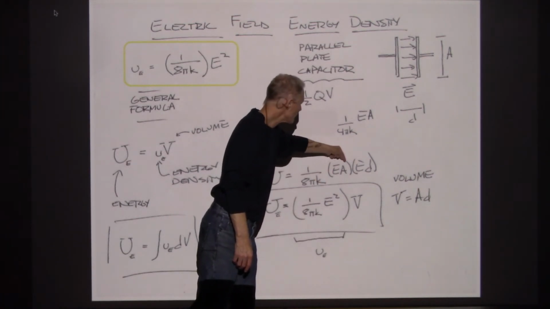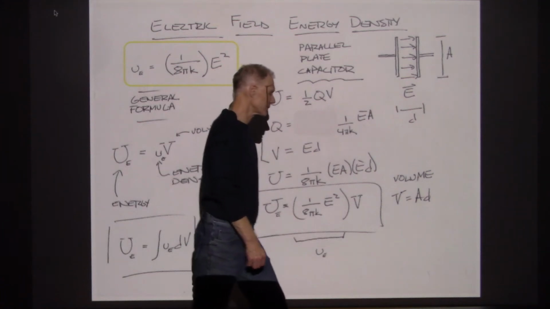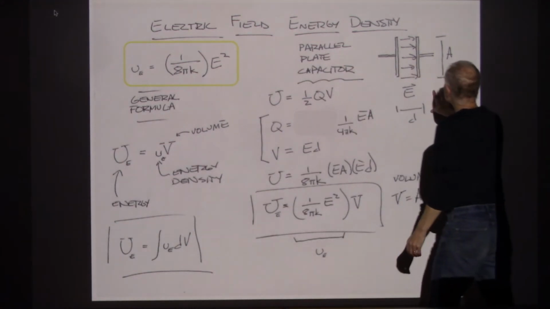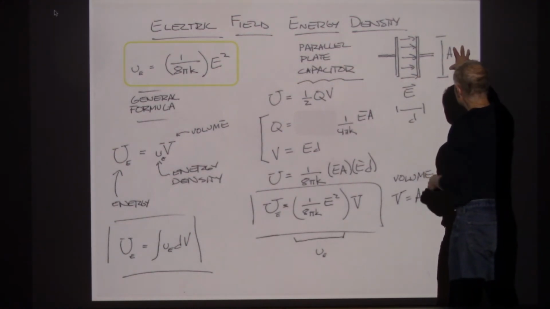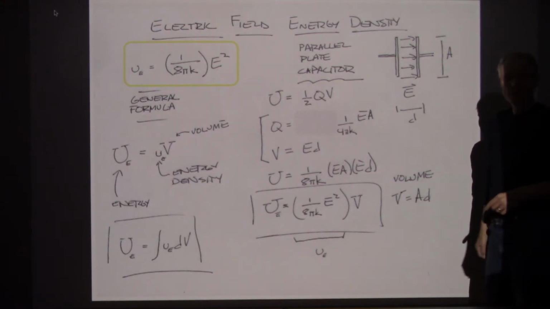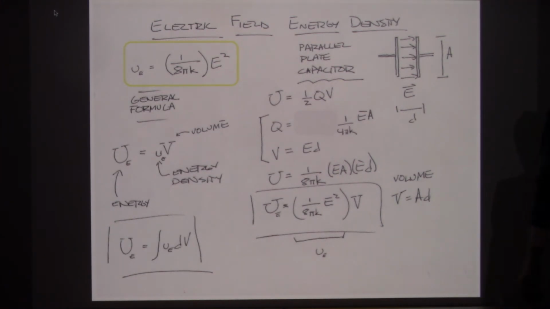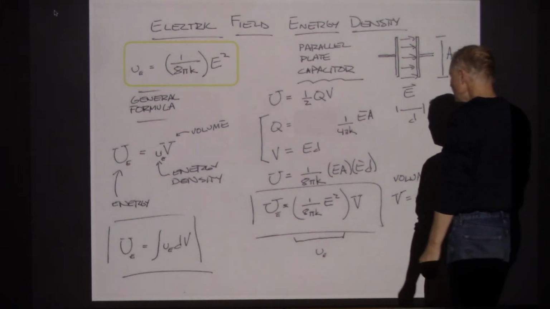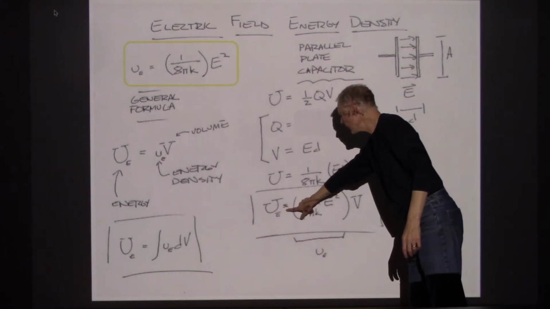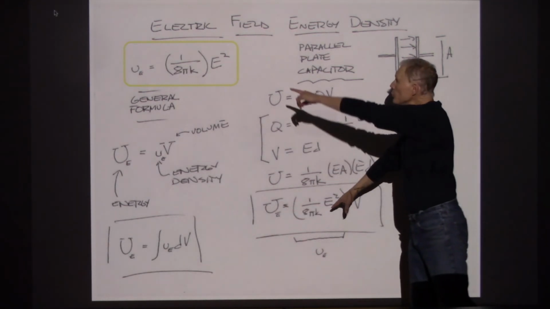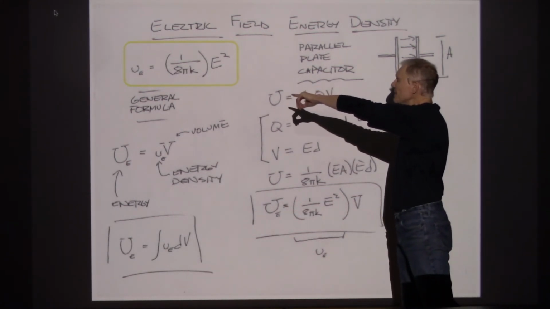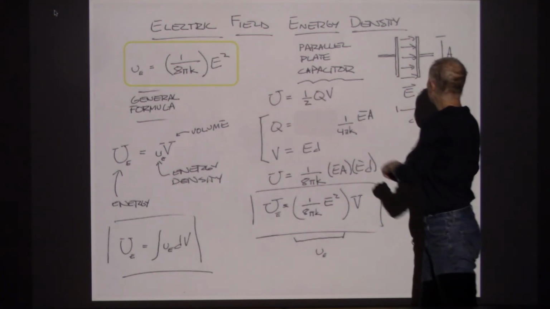The area multiplied by the distance, this is my capacitor here, if I take the cross-sectional area multiplied by the distance, that's going to give me the volume. So what I've done is I've shown that the energy can be calculated by using an energy density formula.